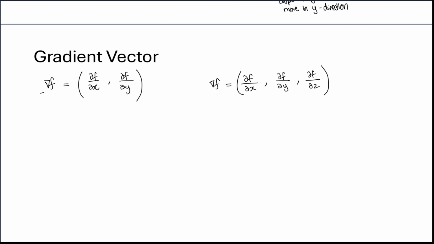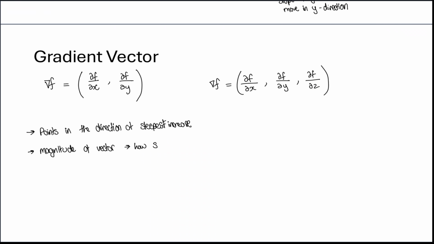And what this gradient vector tells us, or what its meaning is, is that it points in the direction of steepest increase of the function. And the magnitude of this vector is how steep the increase is.